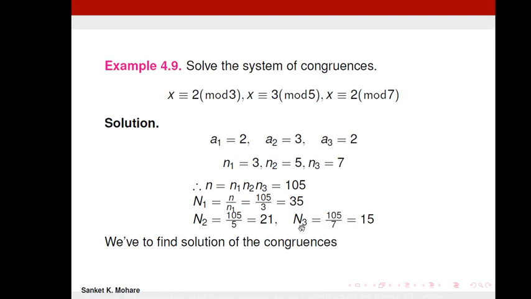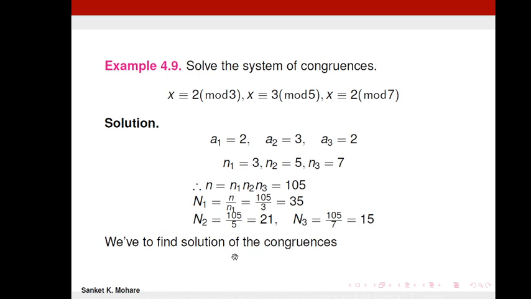While finding N3, we omit n3 from this product, so n1 into n2, that is 3 into 5, is equal to 15. So now we have three things: the values of ai's, the values of ni's, and the values of capital N1, N2, N3, which are respectively 35, 21, 15.